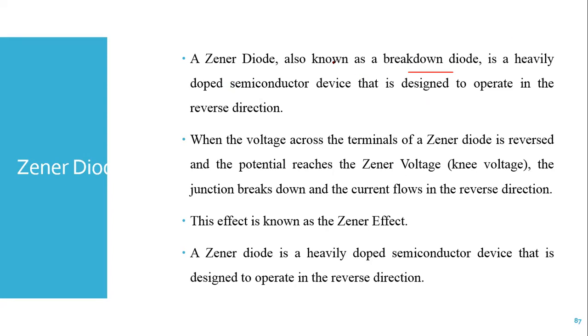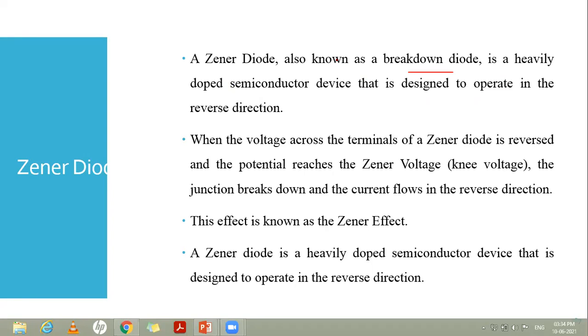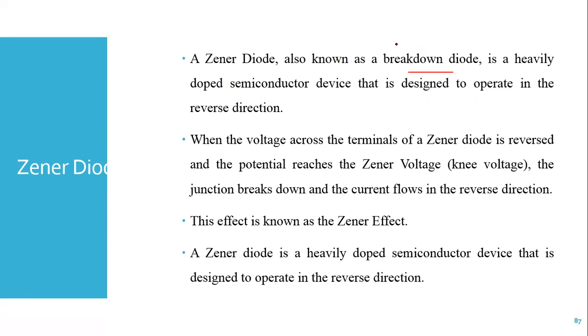What is the difference? First, this diode can operate in reverse biased condition, the breakdown region. Second, it is a heavily doped semiconductor device.